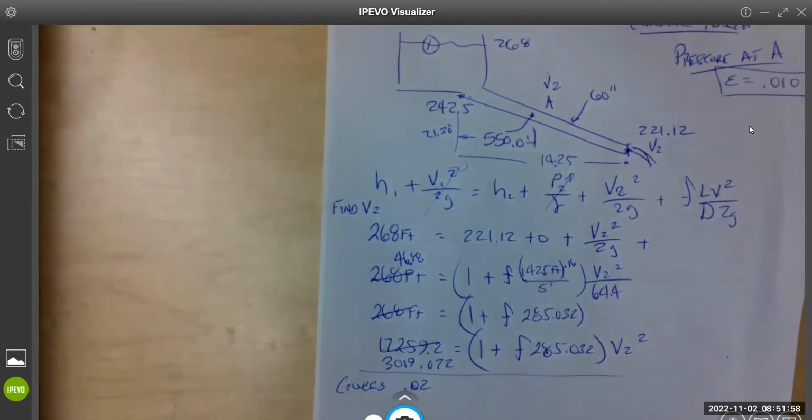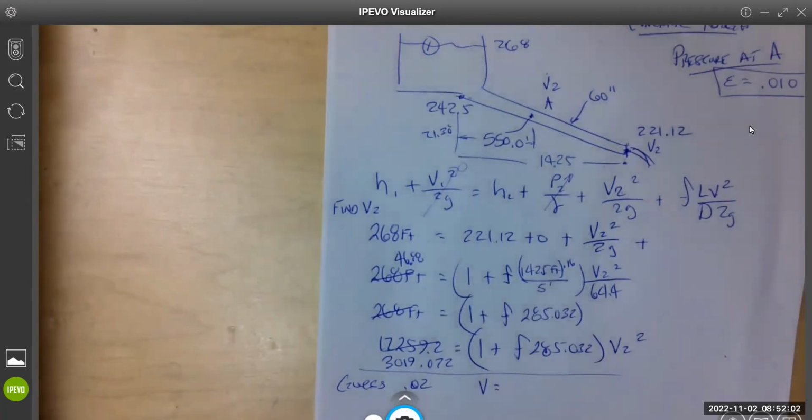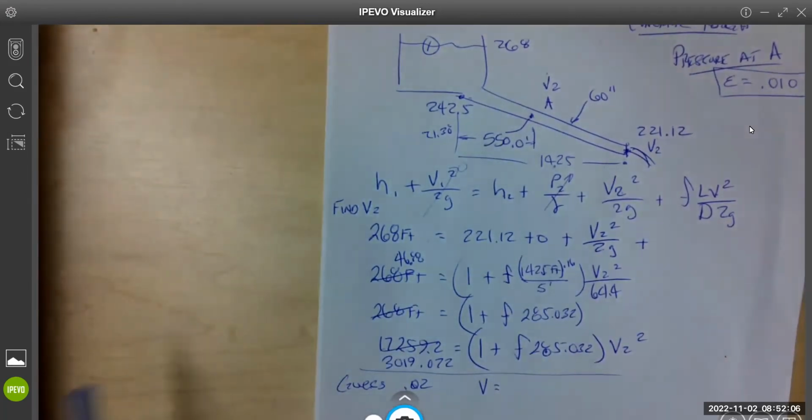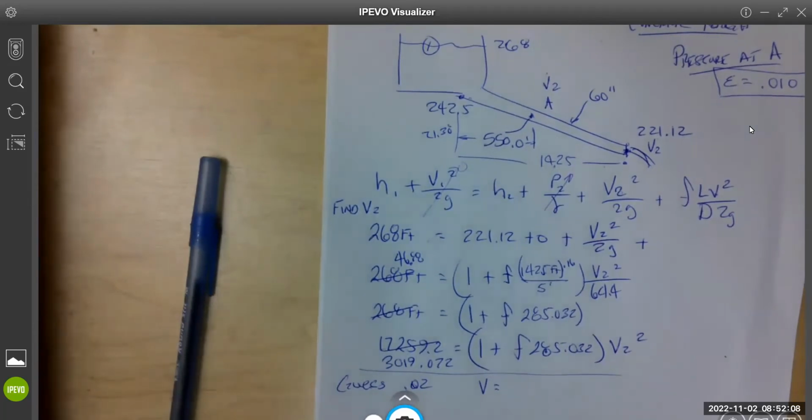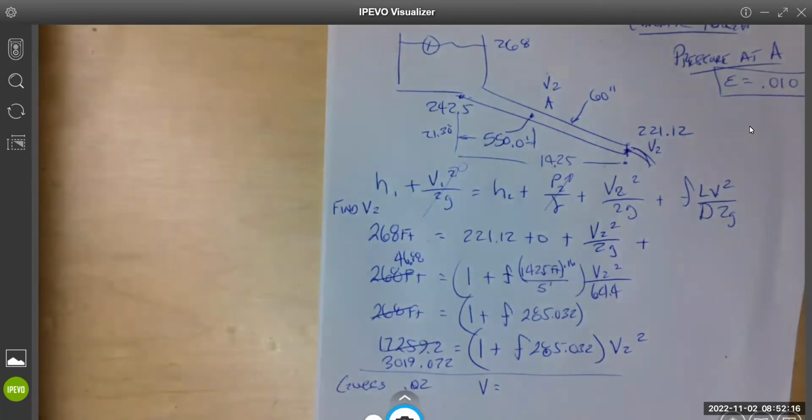Velocity of 54.89. Anybody else running it? 54.89. I'm gonna try to run it, but on that right side, we end up getting like 6.70064. Yeah, and then you just minus that on the other side. Yep.